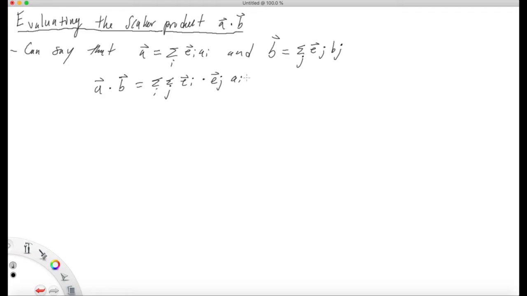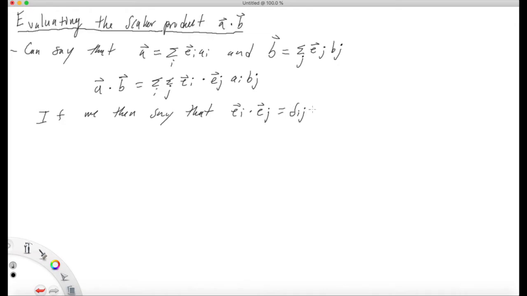So we can write that as delta_ij, or delta_ji, and that's the Kronecker delta. It's basically telling us that if i and j are equal to each other, then that equals 1. But if they're not equal, then that equals 0.